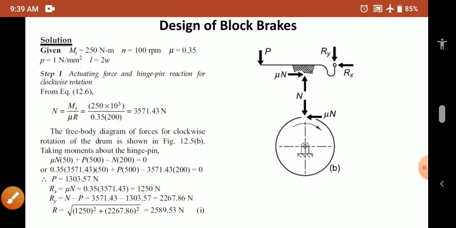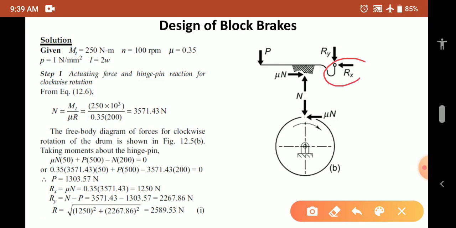Now again, as we know, the horizontal component of the reaction, Rx, is equal to mu into N. By putting the values, we get Rx is equal to 1250 Newton.